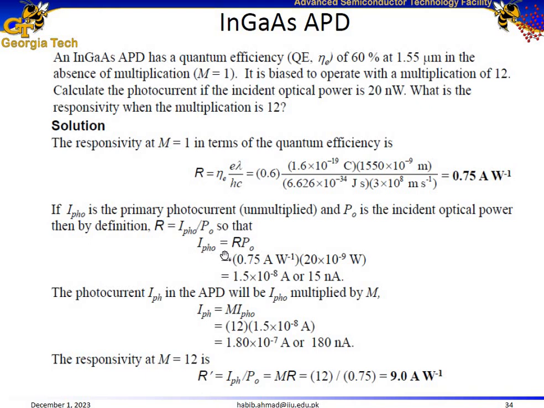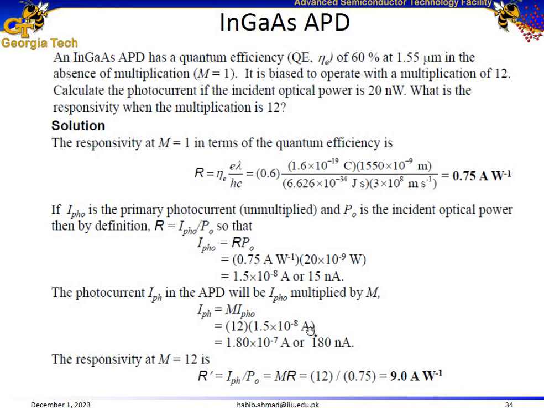So in order to calculate the primary photocurrent, we need responsivity. The unmultiplied photocurrent responsivity equal to this equation turns out to be 0.75 amperes per watt. Then our primary photocurrent comes out to be 15 nanoamps.